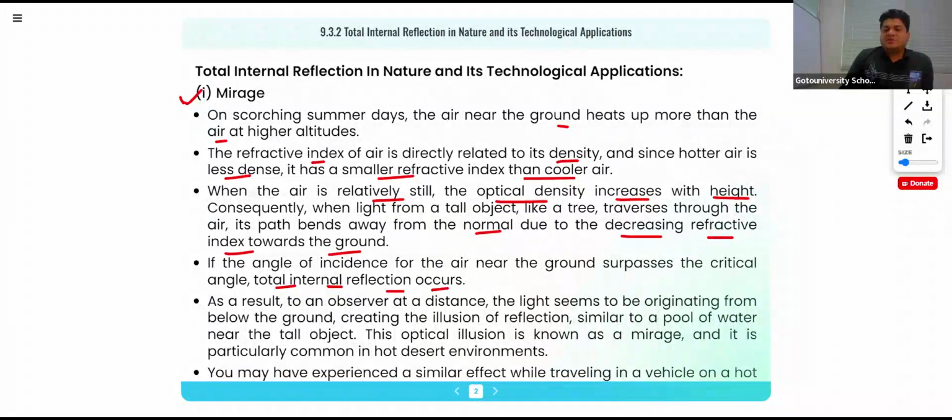As a result, to an observer at a distance, the light seems to be originating from below the ground, creating the illusion of reflection. Similar to a pool of water near the tall object, this optical illusion is known as mirage, and it is particularly common in hot desert environments.